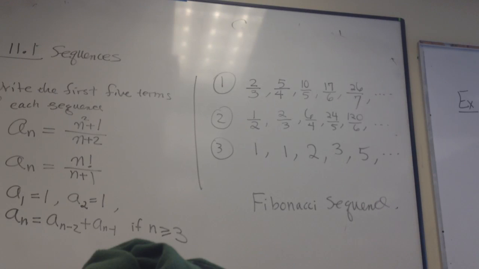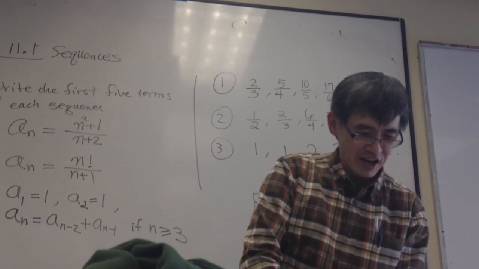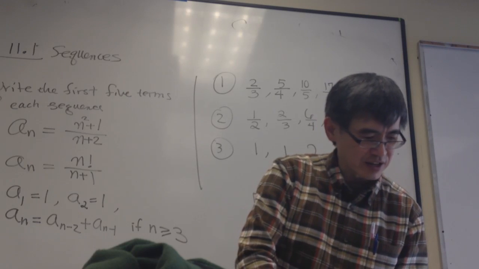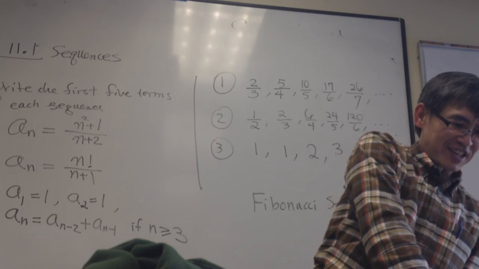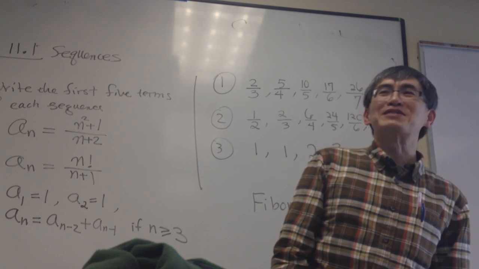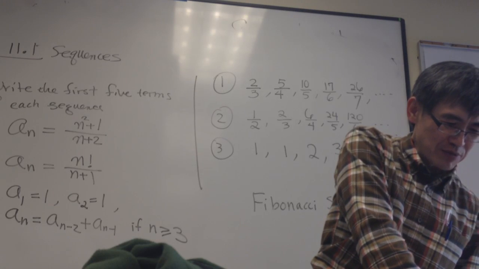It's like the nature one, isn't it? Actually, there's an end of section exercise problem which I didn't assign. I think it's exercise 83. If you're interested, look at 83, and it has to do with reproduction of rabbits. Let me read. It says, Fibonacci posed the following problem.